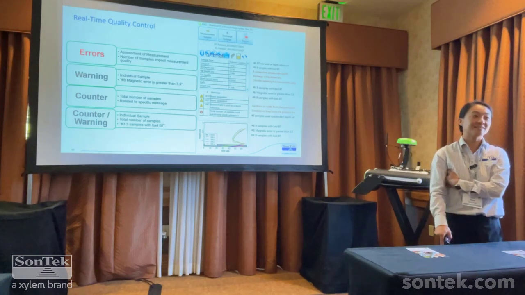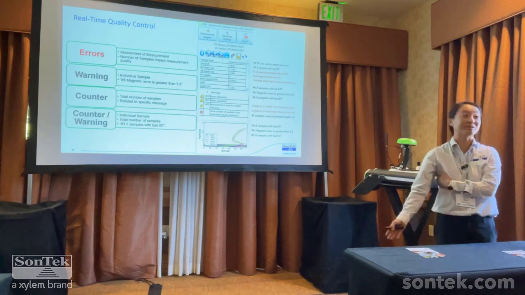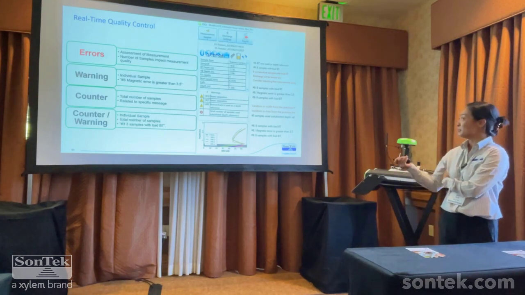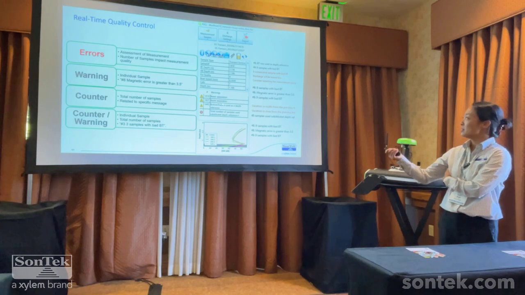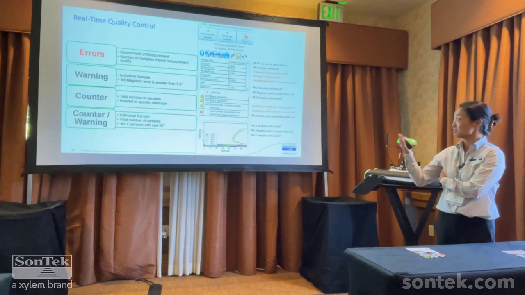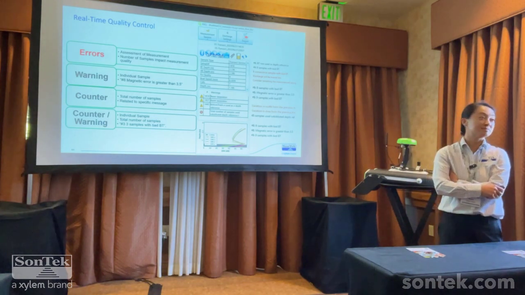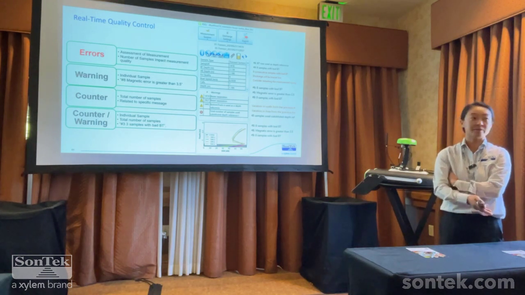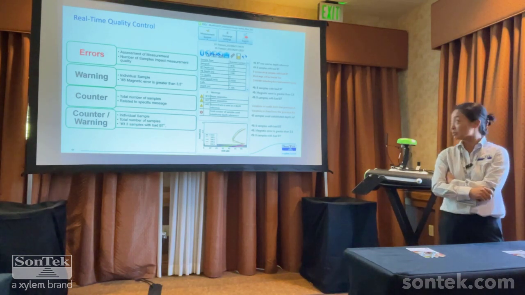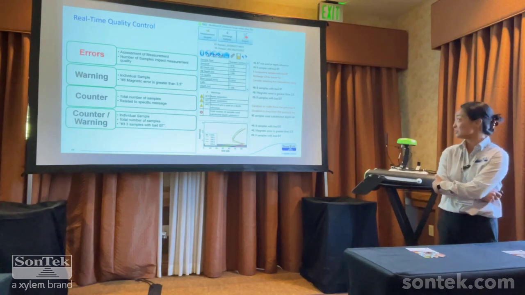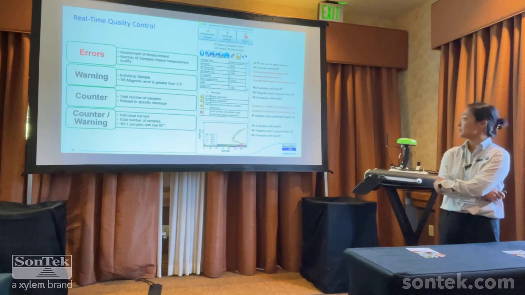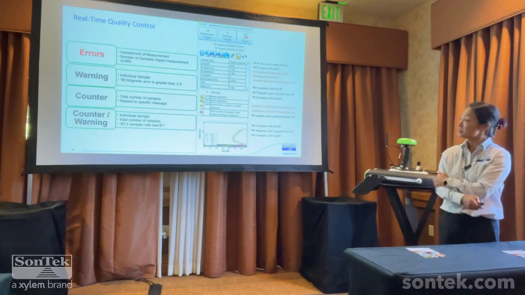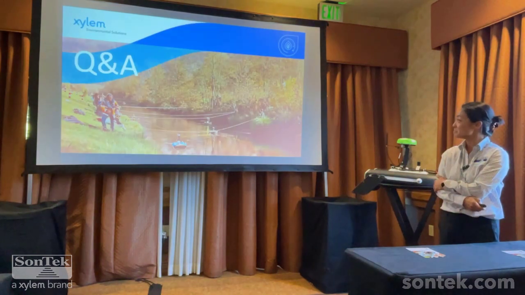Those are things that you can't post-process your way out of once you get into the office. And then those yellow warnings are warnings that you need to look at and decide for yourself when you're taking your measurement. Is that okay? Is that not okay? Can I get away with finishing up my measurement in these conditions, and do they make sense? So just some food for thought when you're taking your measurements.